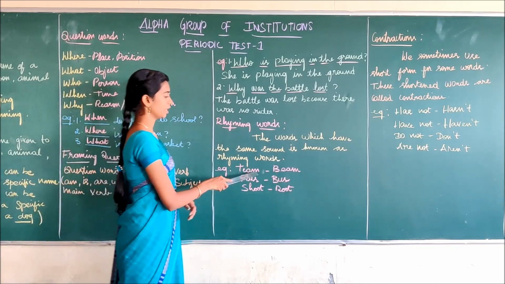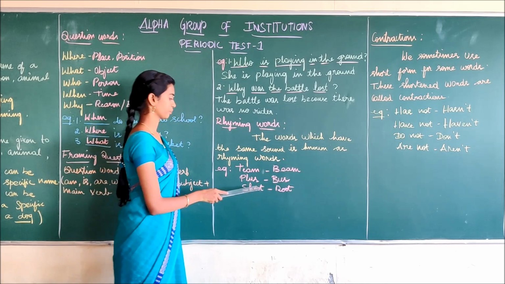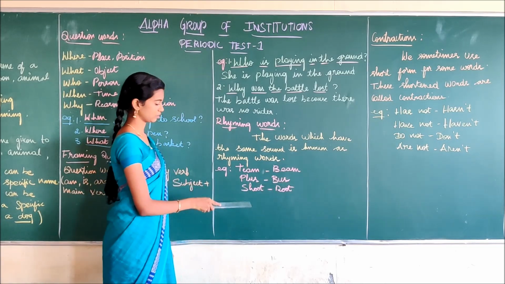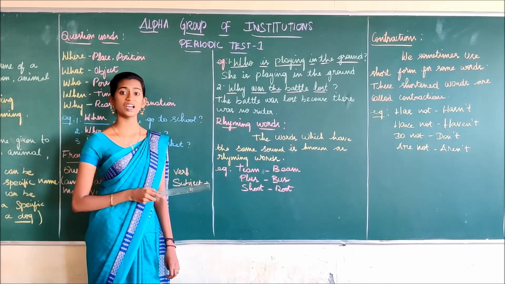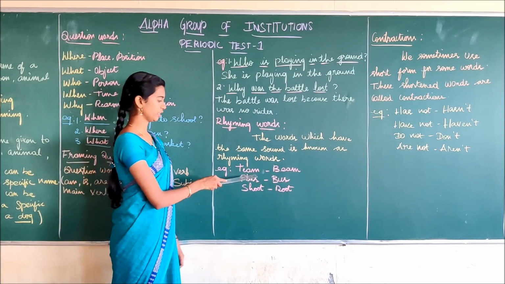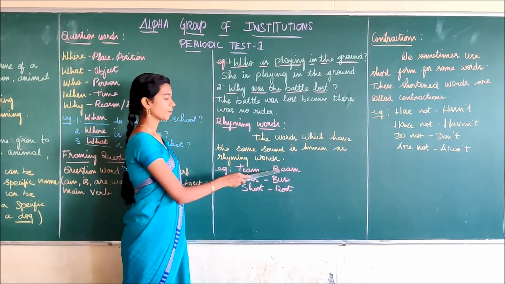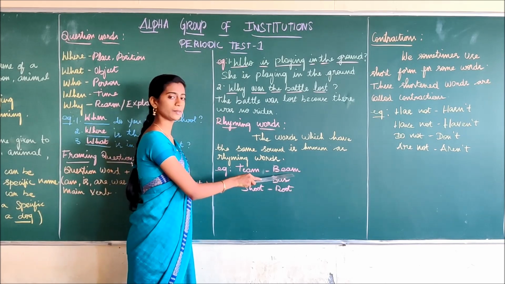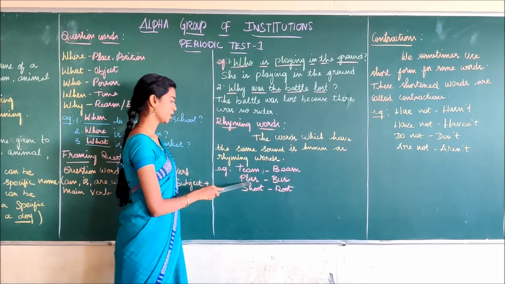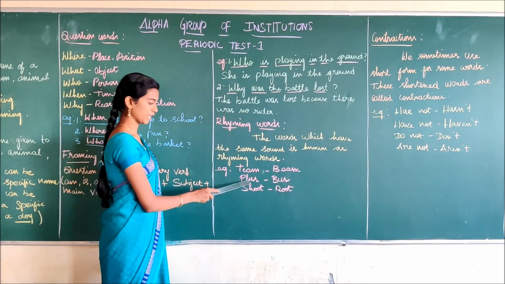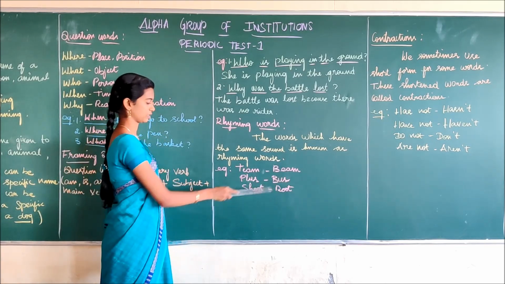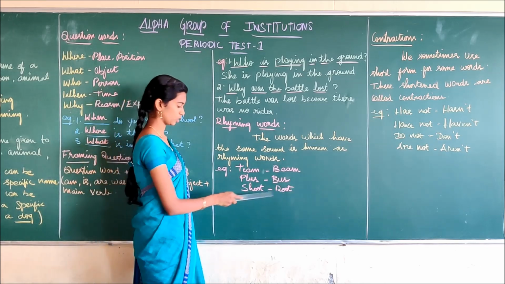See the example: team, beam, plus, bus, shoot, root. All these words end with the same sound. Shall we read it once again? Team, beam: it ends with the same sound. Plus, bus: it ends with this sound. Shoot, root.